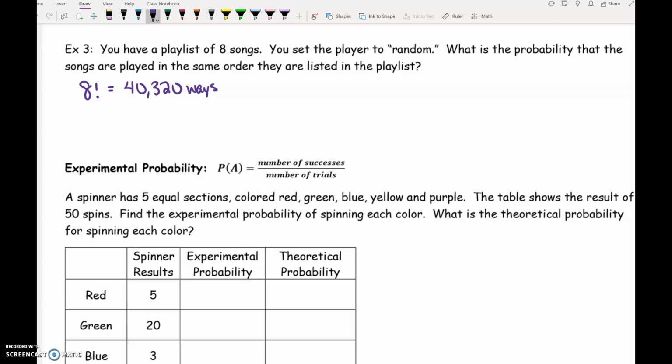There are 40,320 ways that those songs could play. There's that many different orders of the playlist. We want the one way that it's listed in the playlist. That's the one that we want out of the 40,320 options.